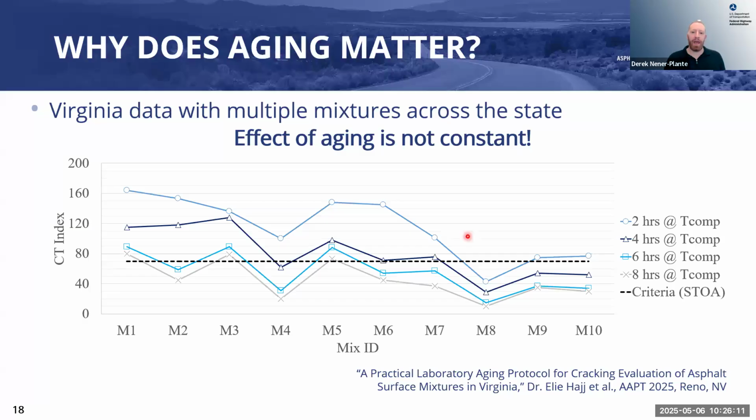And I think from a logical standpoint, when we think about it, we have to kind of come to the conclusion in most cases that we would anticipate that an aged material is probably more reflective of the real thing than that mix on day one when we're worried about cracking. And again, that speaks back to that original why: a lot of the work has shown stronger correlations with actual field sections when we evaluate with an aging.